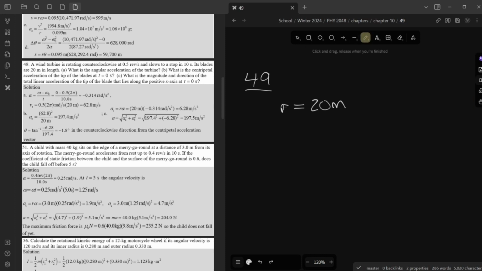And it's rotating counterclockwise, so it has an initial omega of 0.5 revolutions per second.